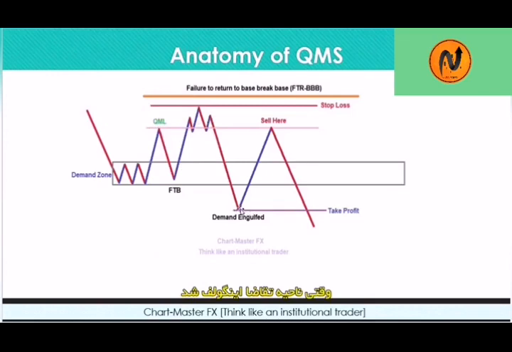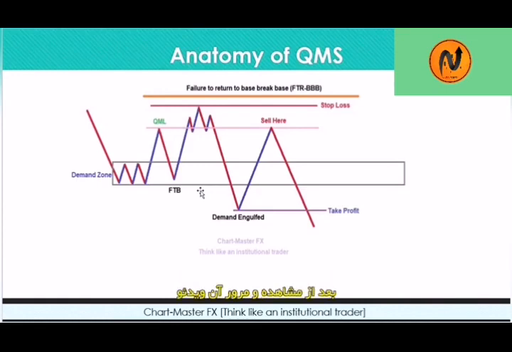Once you see that there's an engulfment in the demand, then you know that the conditions of the QMS have been met. So in order for you to have a full understanding of this SOP, you need to go back and watch the Quasimodo video.